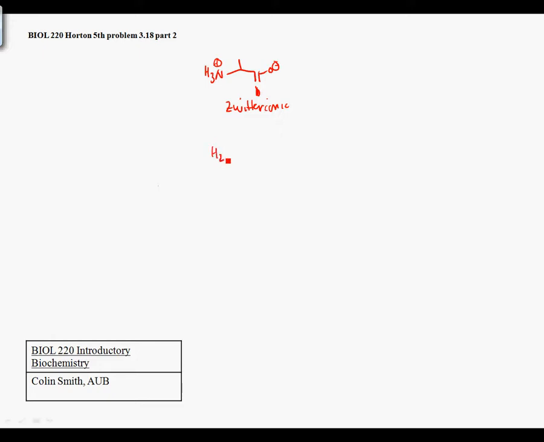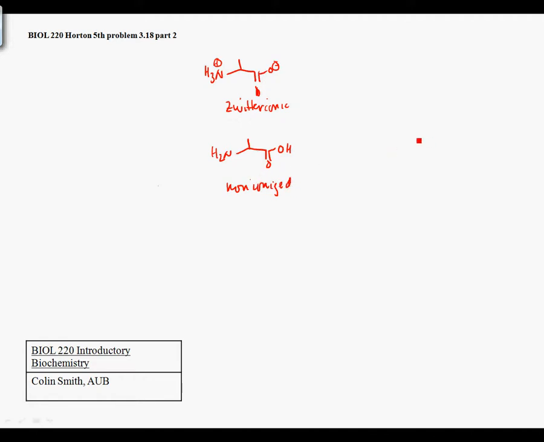However, one might imagine a non-ionized form, a neutral form, which I would draw like this, and I'm going to call this a non-ionized or non-ionic form.